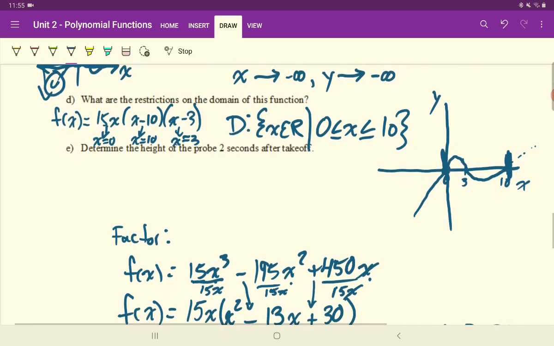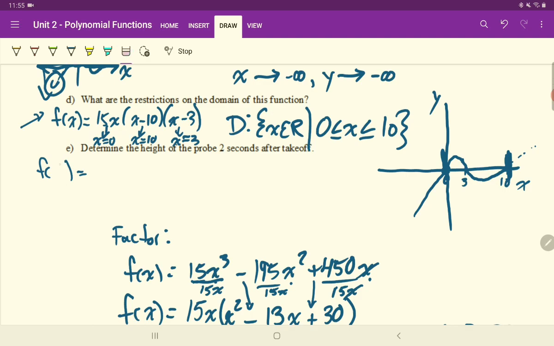and finish this off. Determine the height of the probe 2 seconds after takeoff, no problem. You can use either version of the equation here, our factored form or the standard form. Let's use the standard form just in case, you never know, you can make a mistake with the factored form and then you're plugging a number into a wrong formula. So let's use the original.